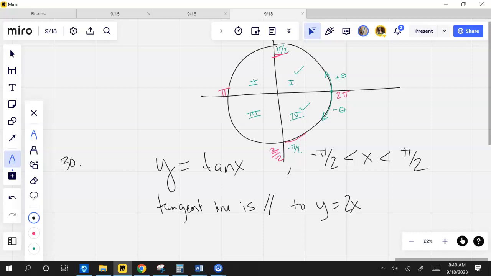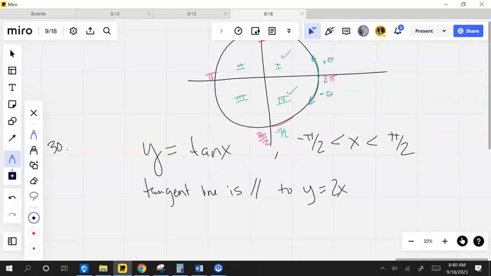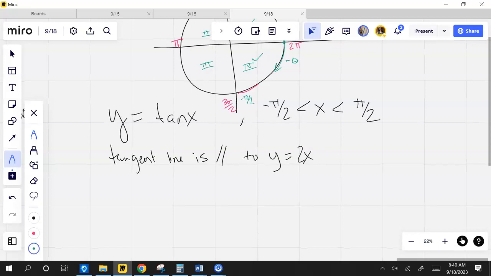I'm saying where the tan line is parallel. So Lainey, you're right. That means my slope has got to be 2, because that's what it means to be parallel, right? Same slope. So that was given. Everything in black up here is given, but not the circle.